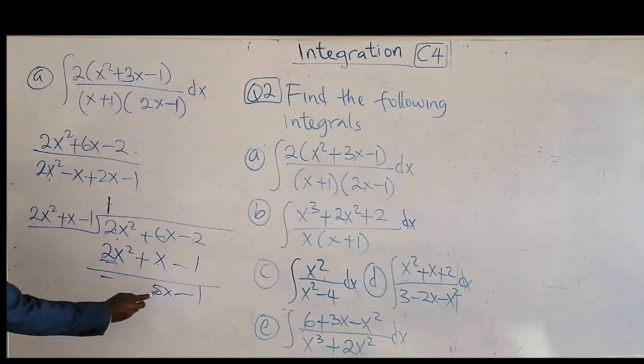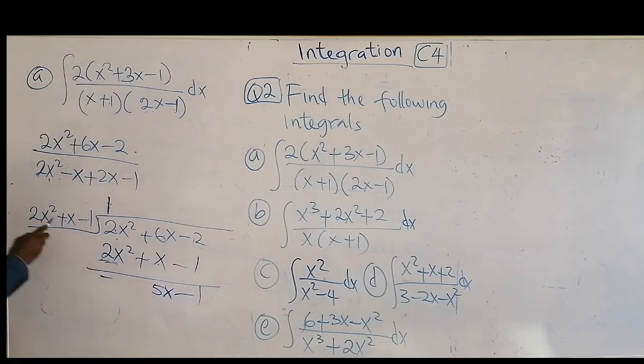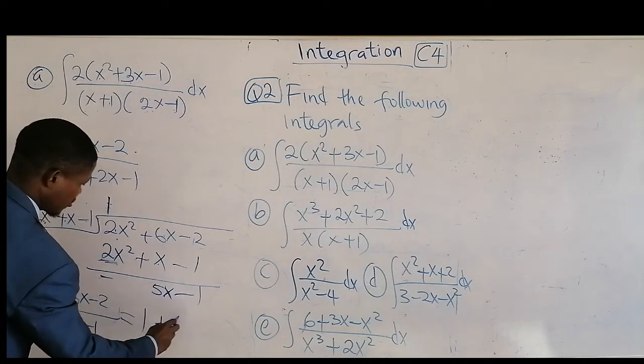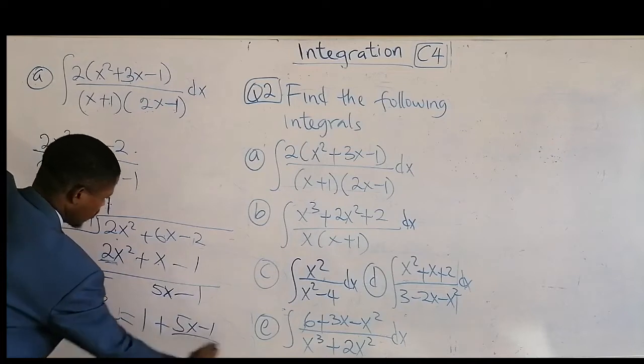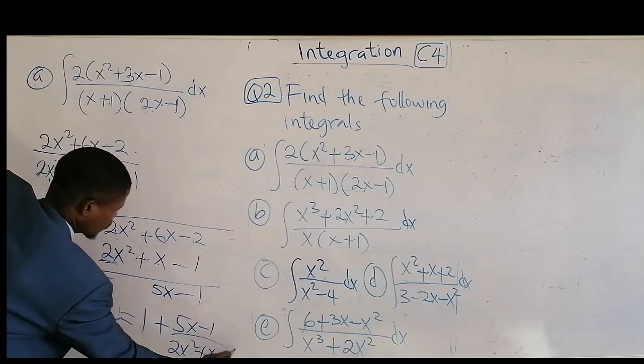You can now see that for the remainder, the power is 1, which is less than that of the denominator. So you stop there. So your question now, what you have here is 1, then plus the remainder 5x minus 1 all over 2x squared plus x minus 1.